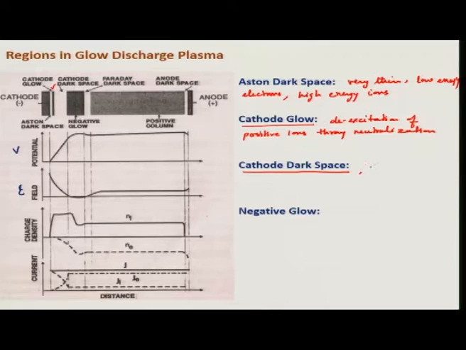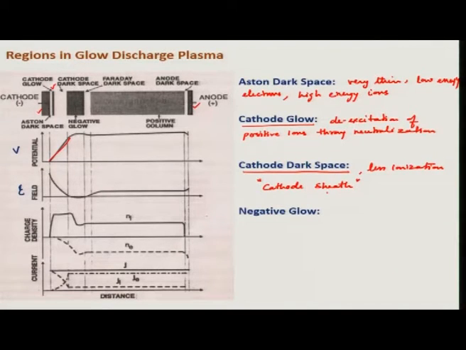So in this region, there is less ionization, because electrons do not yet have very high energy, and almost all the potential difference which exists between these two electrodes, cathode and anode, exists in the cathode dark space, okay. And this is dark because there is no excitation or de-excitation in this region, okay. This region is also known as the cathode sheath, okay.